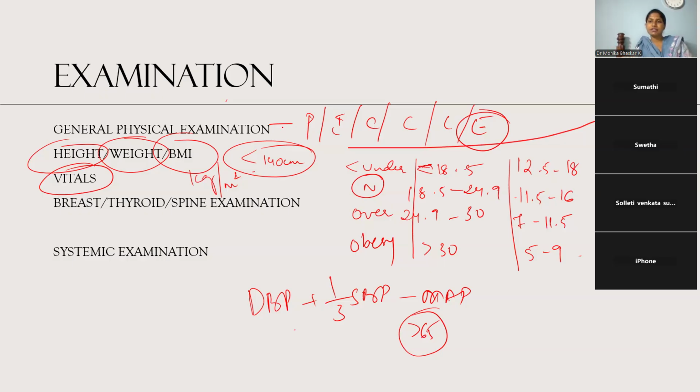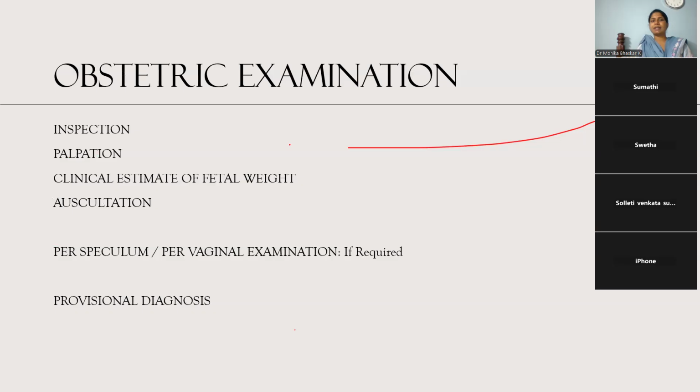You have to auscultate her chest, look at the cardiovascular system, S1, S2, and the respiratory system to see whether there are normal vesicular breath sounds, whether there are any added sounds, and look for any abnormal neurological examination, that is CNS examination. So that is the part of systemic examination.